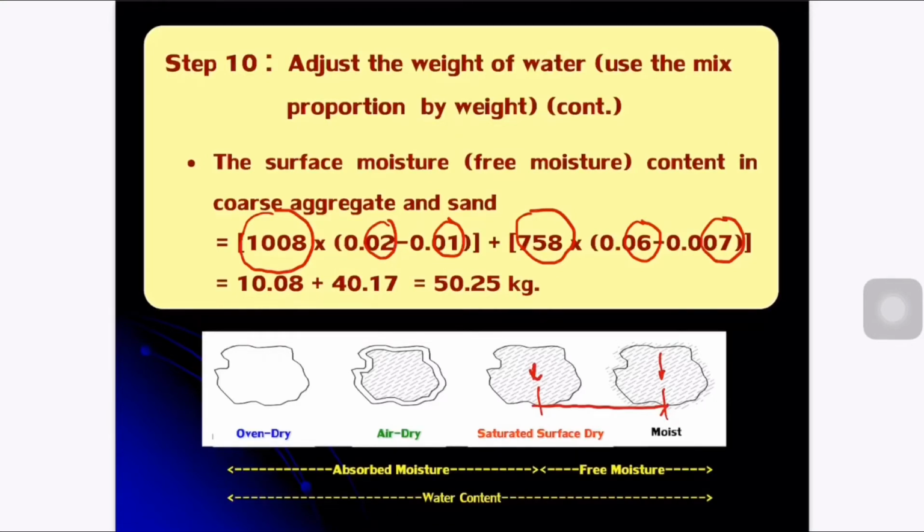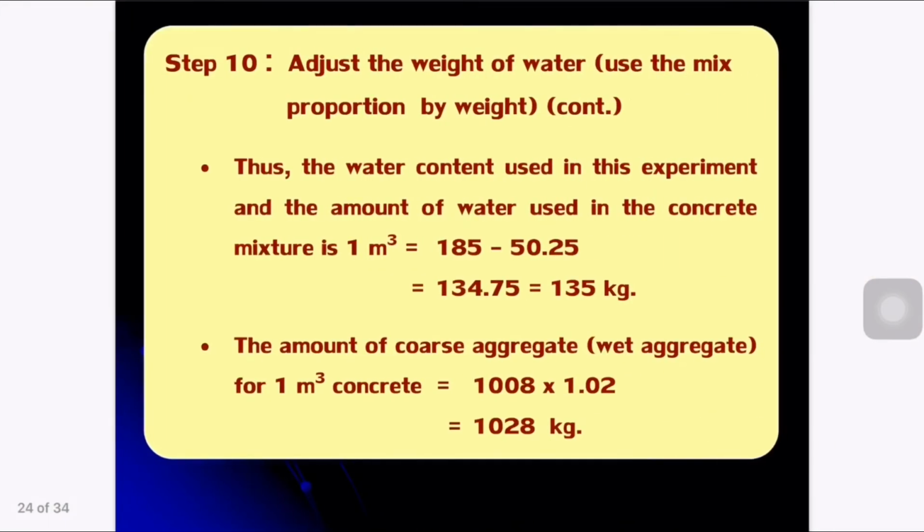So from this step, the excess water or the free moisture content is 50.25 kilograms. Thus, the water content used in this mix proportion is 185 minus 50.25 kilograms, and the missing water of this concrete is 135 kilograms.